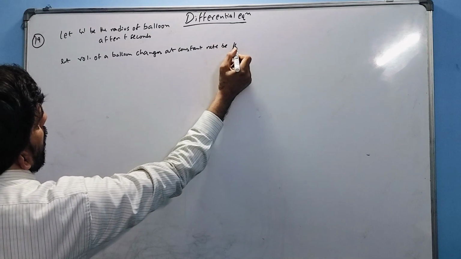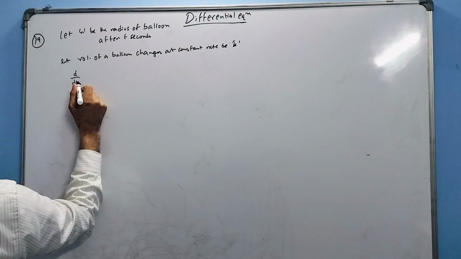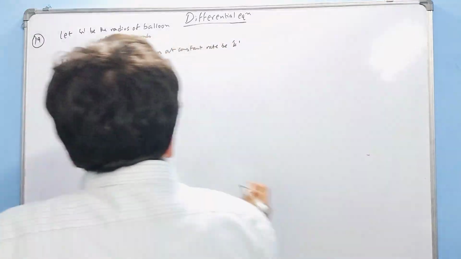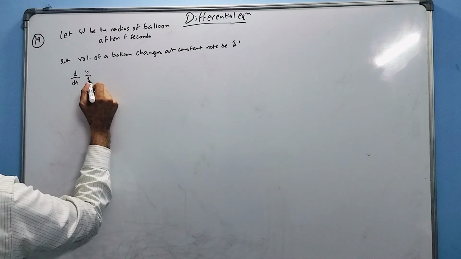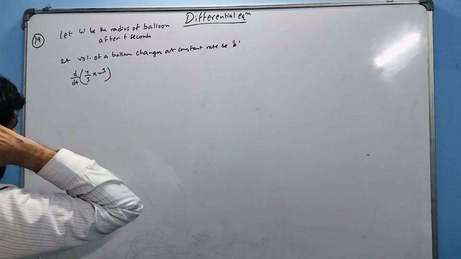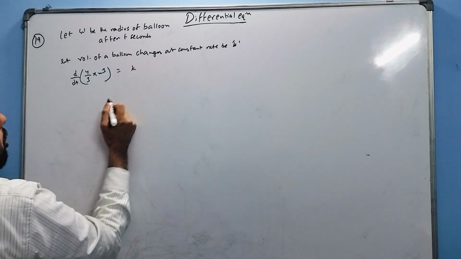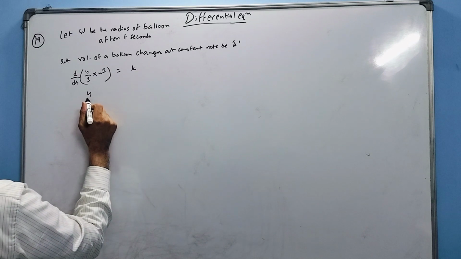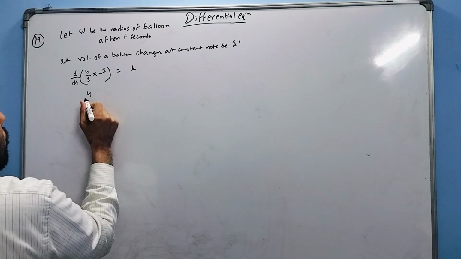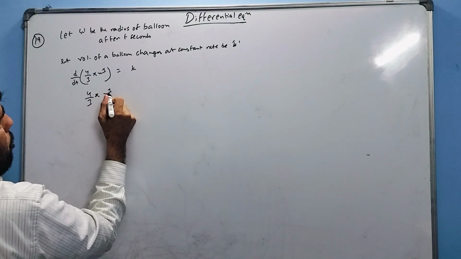So now according to the question, dV/dt, where the volume of the balloon we know is 4 by 3 pi r cube. So we will say 4 by 3 pi x cube, because we are taking radius as x, and its rate is equal to k.